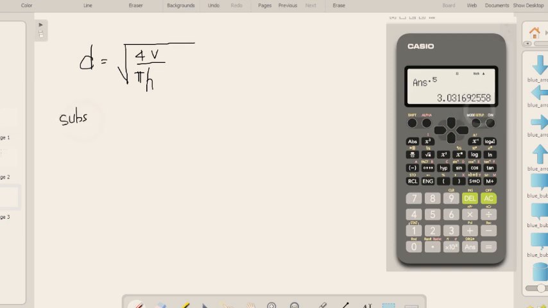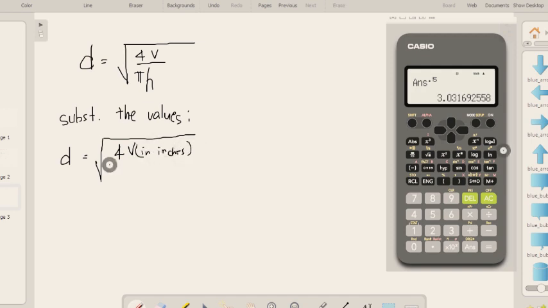We need to convert the volume into inches so that it will have the same unit as the height in the denominator. So volume is in inches, and the height is also in inches. We always have to check the units, because most of the time we carelessly solve the problems without checking the units of our given data.